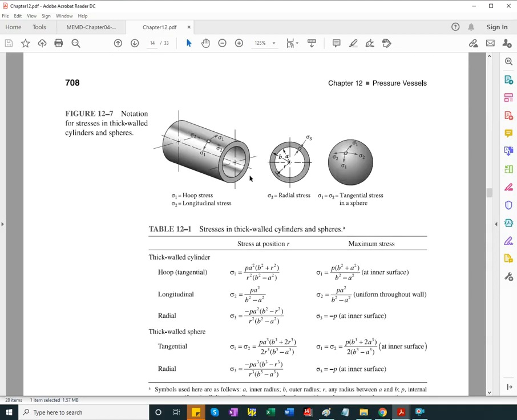There are new notations introduced to make these equations simpler or more manageable. So instead of inner radius, we use A. Instead of outer radius, we use B. And then the inside pressure is going to be P.